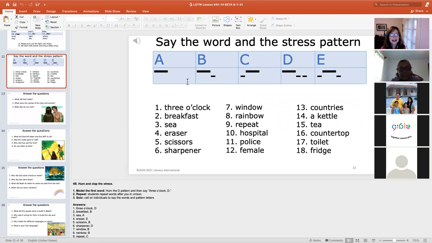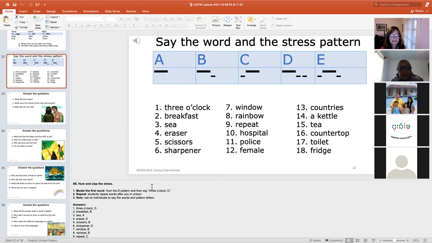For this exercise, they're going to say the word and the stress pattern. The instructions are here. You're going to hum the pattern and then say the word.